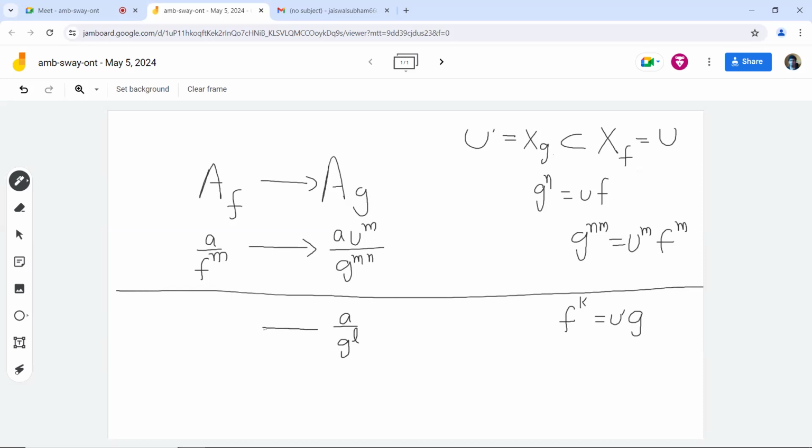So just writing the map in the other direction. And if we compose these two maps, so let me write phi 1, phi 2.